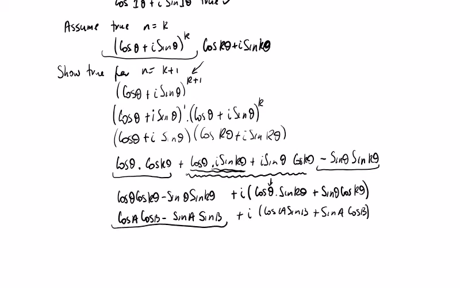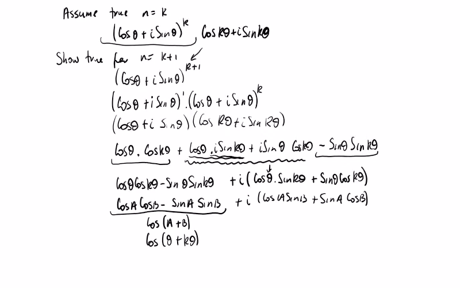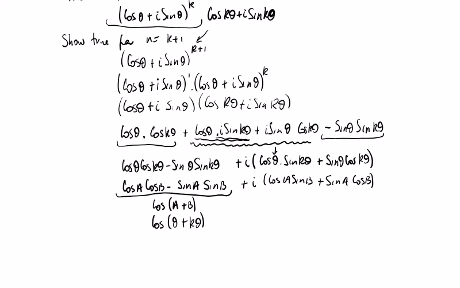So cos A cos B minus sine A sine B is cos A plus B, which is going to give us the cos of theta plus k theta. cos A sine B plus sine A cos B is written as sine A cos B plus cos A sine B in the tables, and that is equal to sine A plus B, which is going to give me plus i times the sine of theta plus k theta.